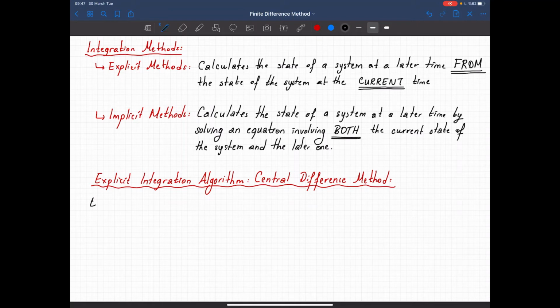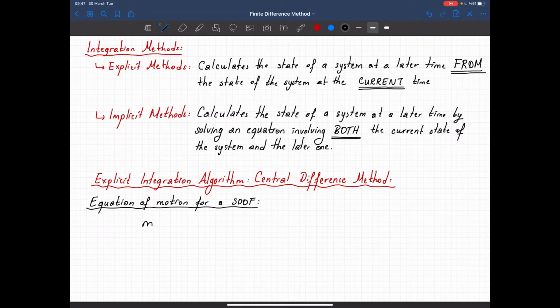So let's rewrite the equation of motion. This is what we will be trying to solve. We will be looking at a single degree of freedom system first.